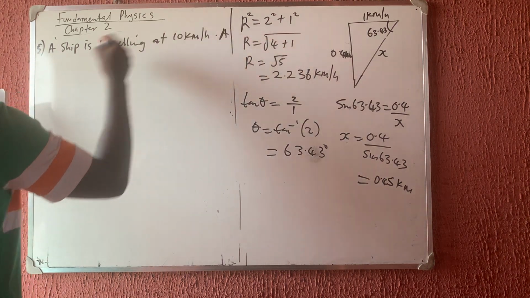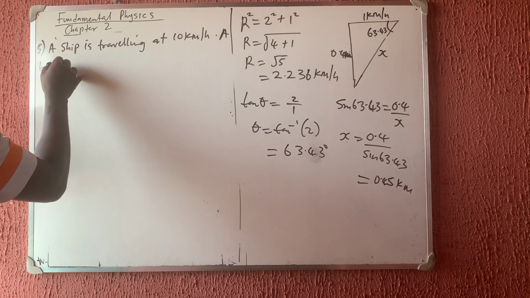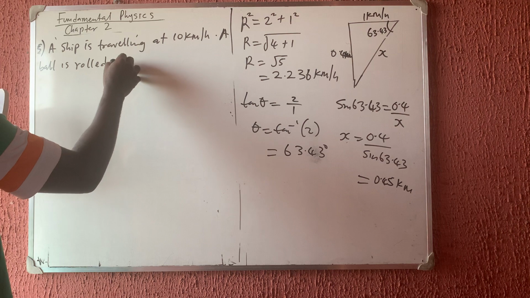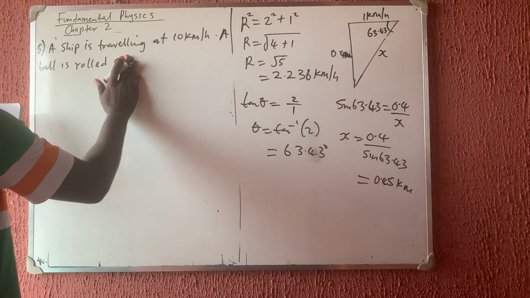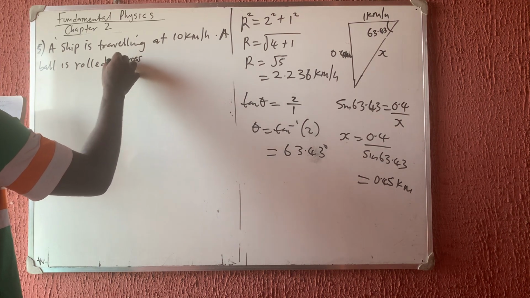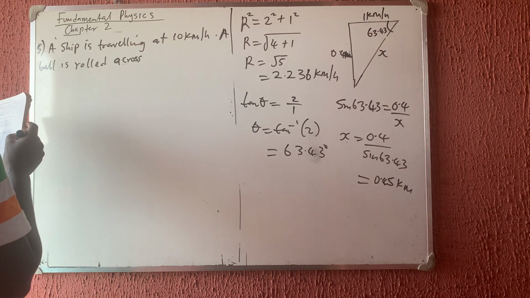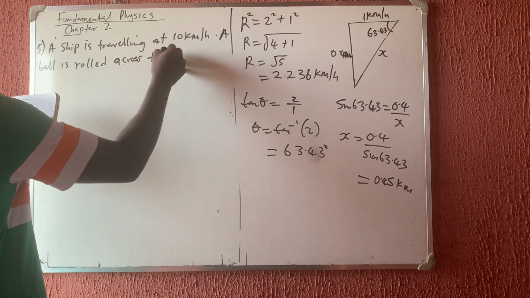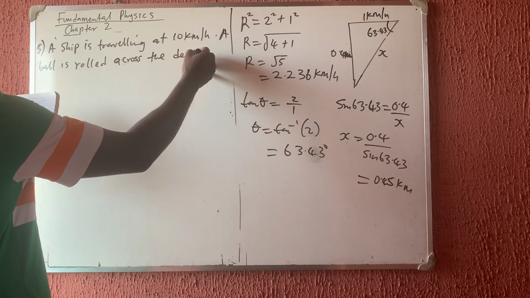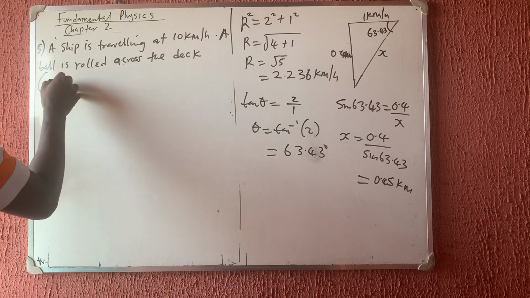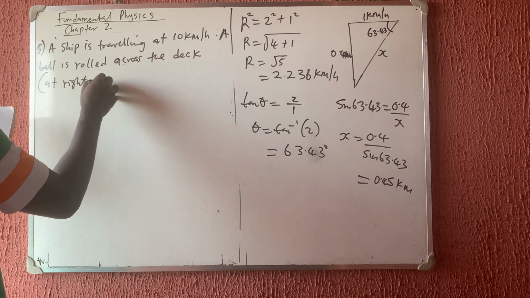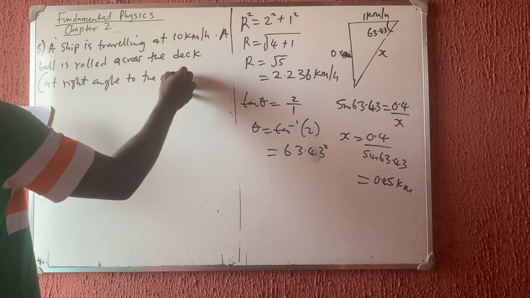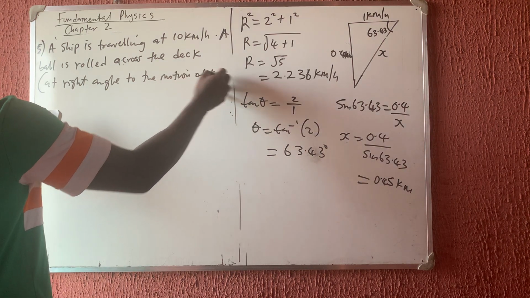Then I say a ball is rolled across the deck at right angle to the motion of the ship.